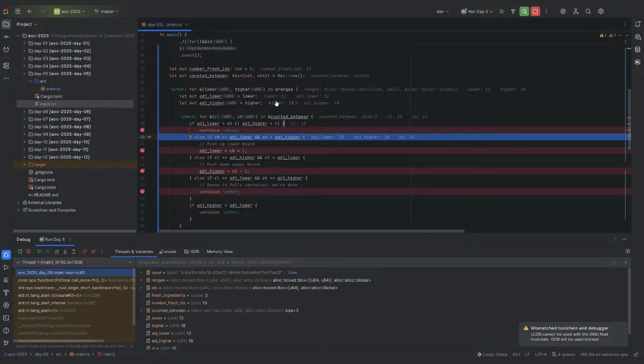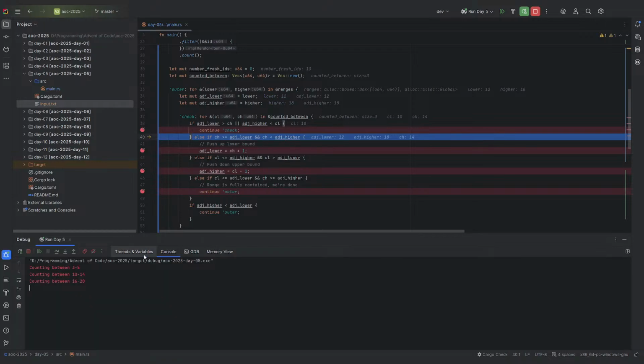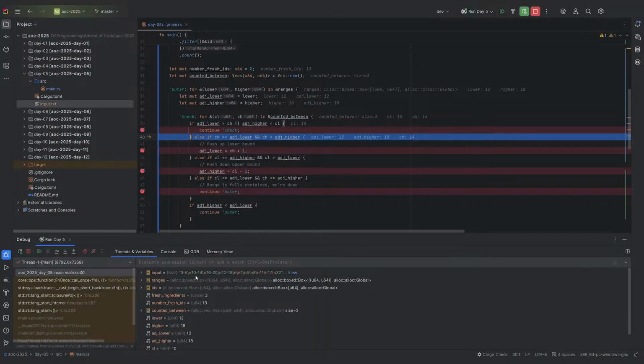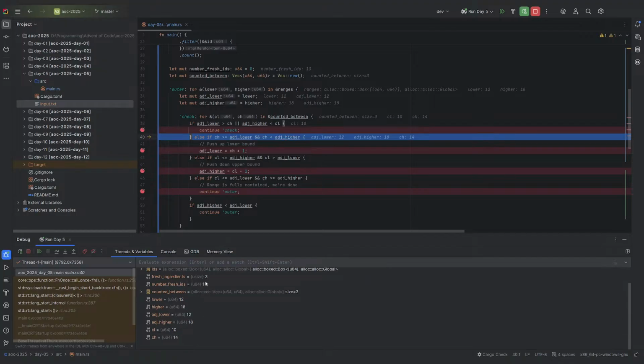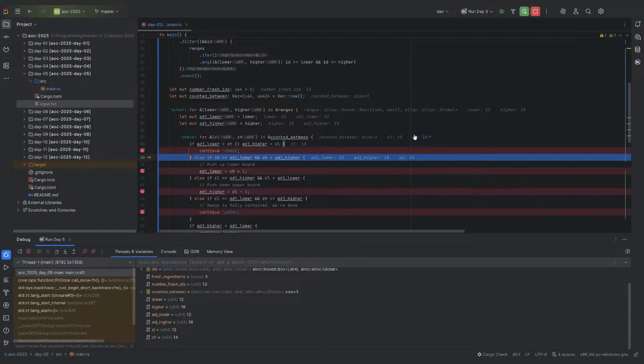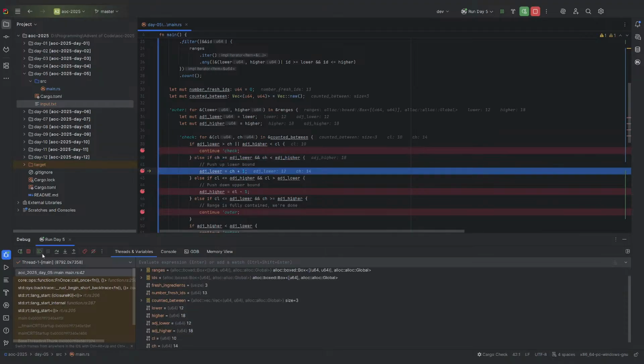Okay, so we're dealing with 12 to 18. What am I dealing with here? Shouldn't it be put to 15?